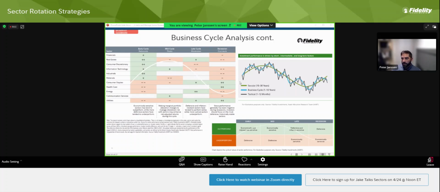But I wanted to come back to, at least just for a moment or two, some of this business cycle analysis that we're talking about, and also this chart here. I think this is a great way to try to visualize this. And if you're out there in the audience right now and you're taking the time to try to learn about these concepts, learn about these thoughts, recognize that being able to, let me just pick a spot here, from a tactical basis, call a short term bottom and be a buyer, or call what this short term top was and be a seller, and so on and so forth.